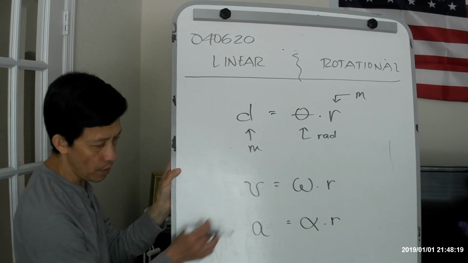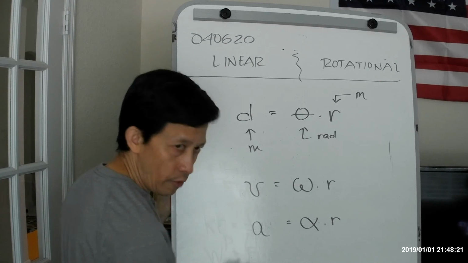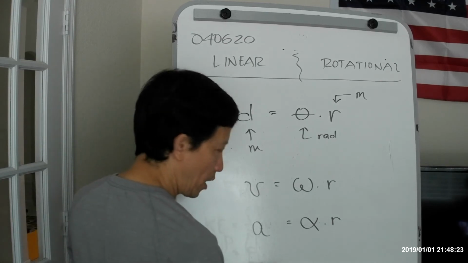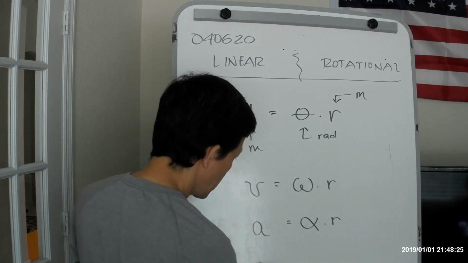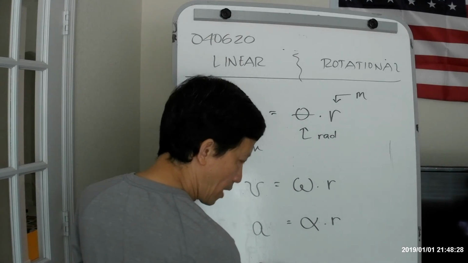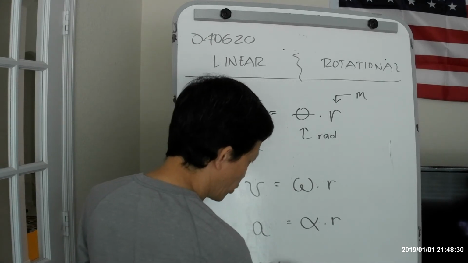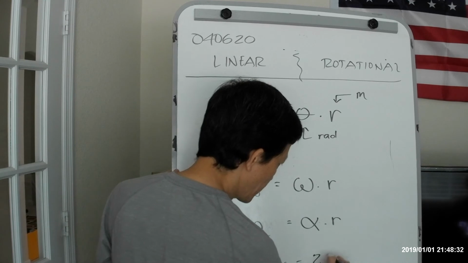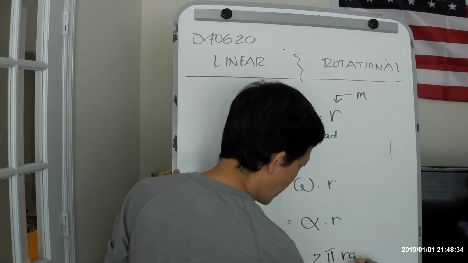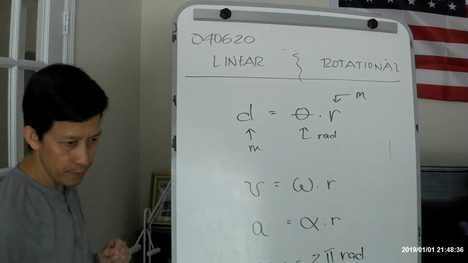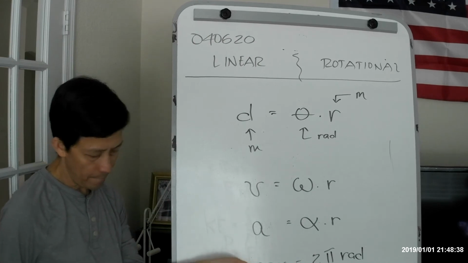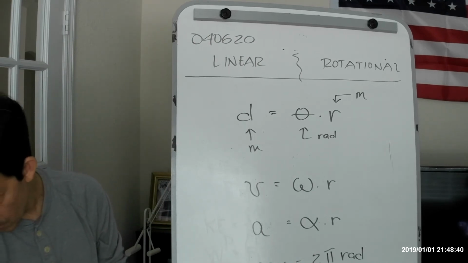This is very useful. Now of course, radians: you're going to see this in the problems I gave you. One revolution is 2 pi radians.